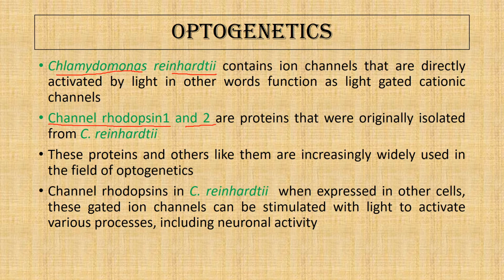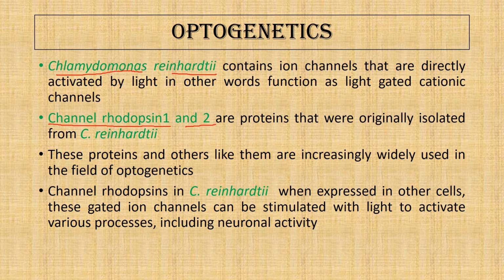Now channel rhodopsin 1 and channel rhodopsin 2 are isolated from Chlamydomonas reinhardtii, and when the gene is isolated and introduced in other organisms also, they can produce the same type of light gated ion channel response.